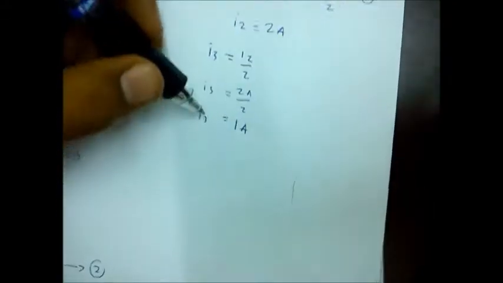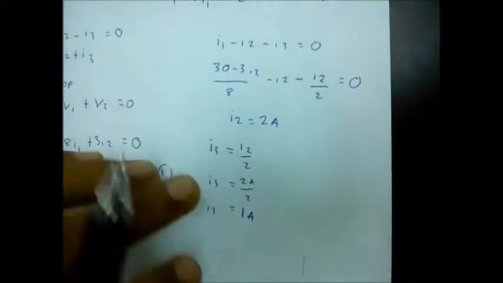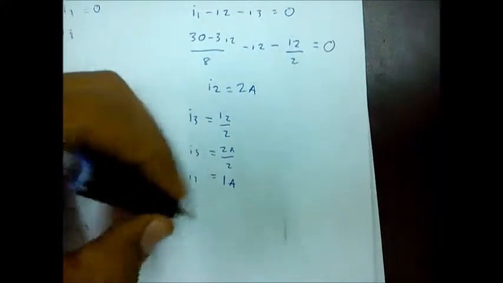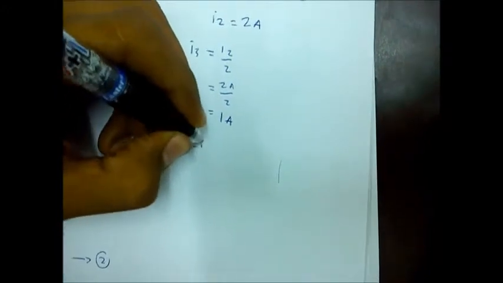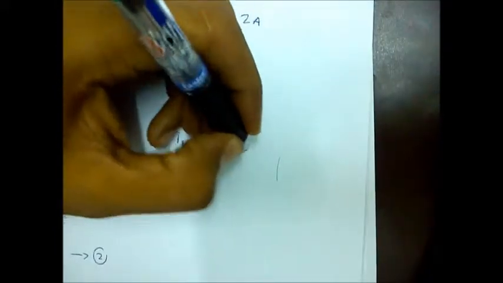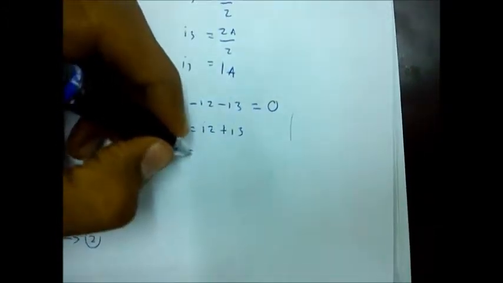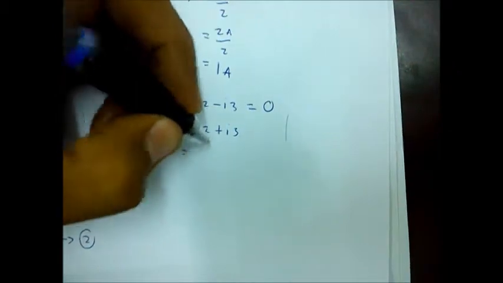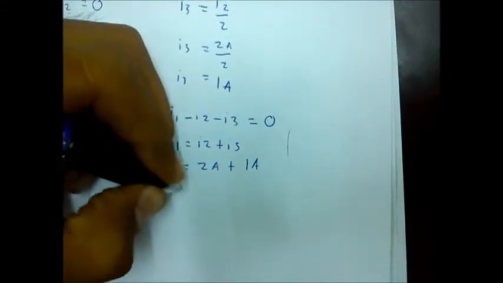After we get I3 and I2, we can get the answer for I1. I1 minus I2 minus I3 equals 0, so I1 equals I2 plus I3. I2 is 2m plus I3 is 1m, so I1 is 3m.